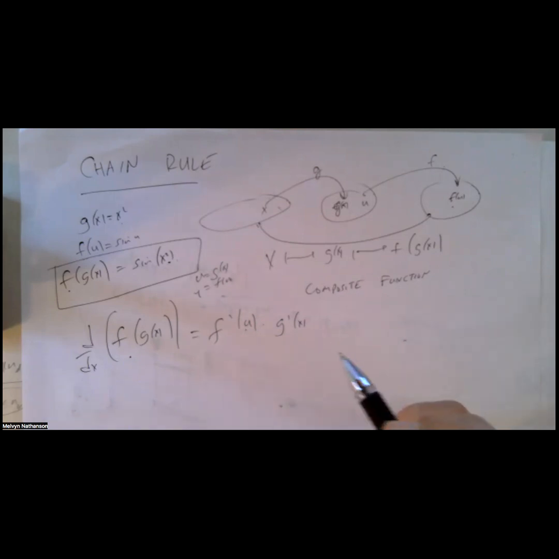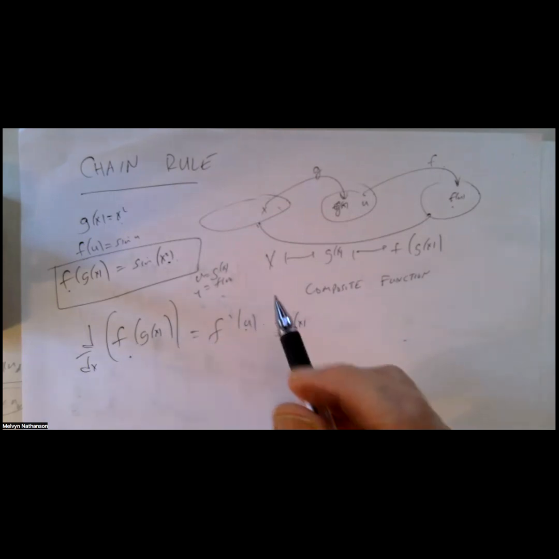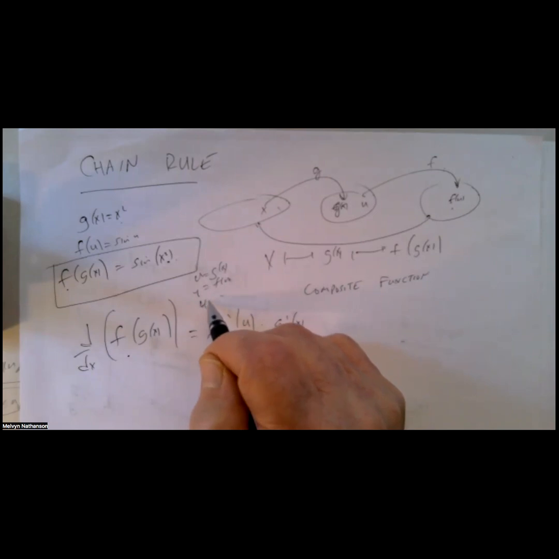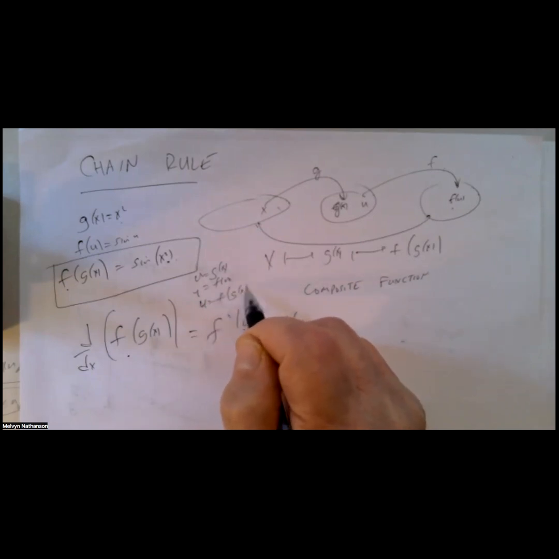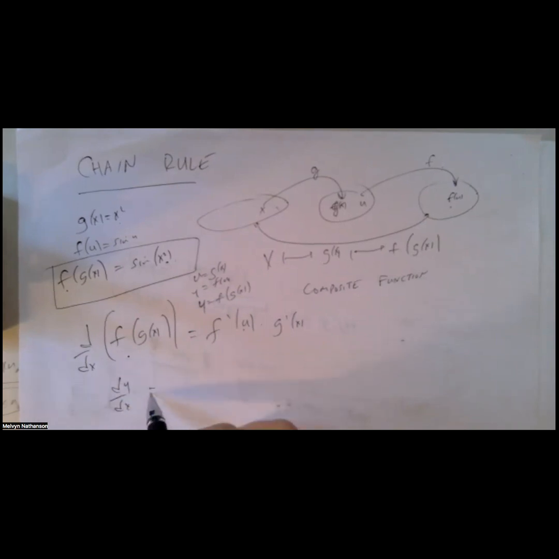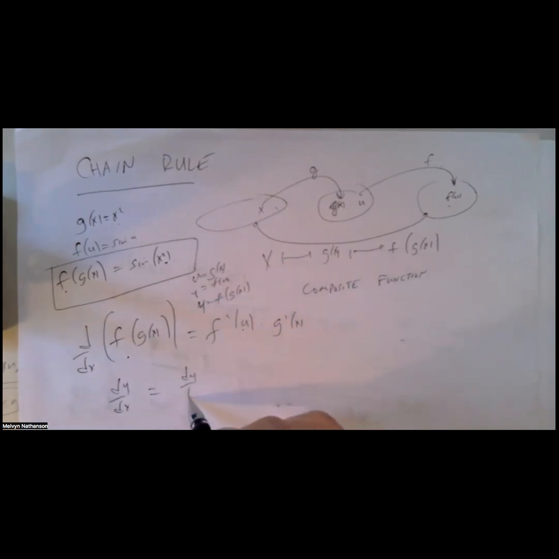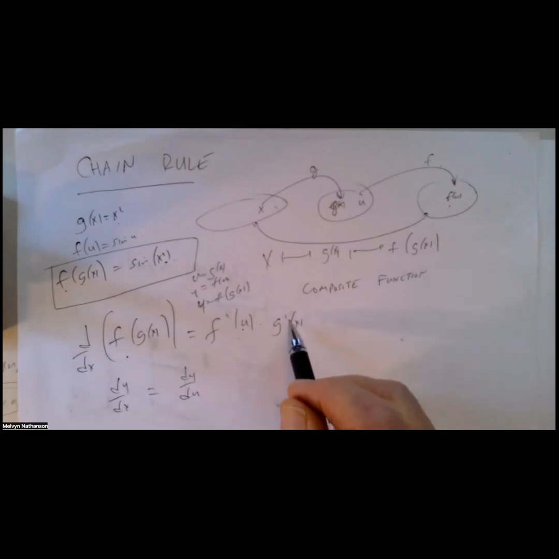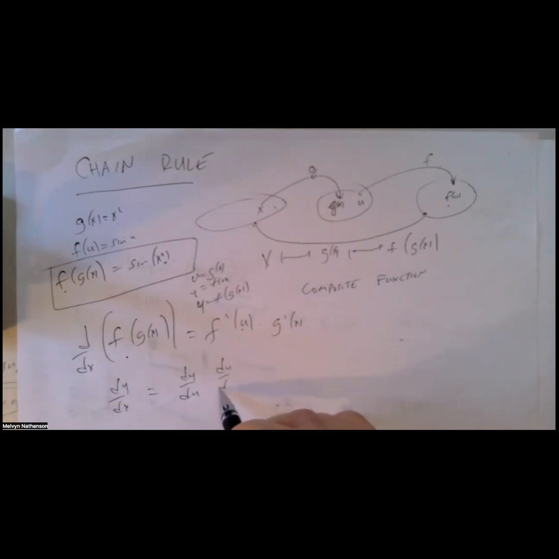So a symbolic way of writing this is, y is f of g of x, so this is dy dx. F prime of u is dy du. G prime of x is the derivative of u, du dx.